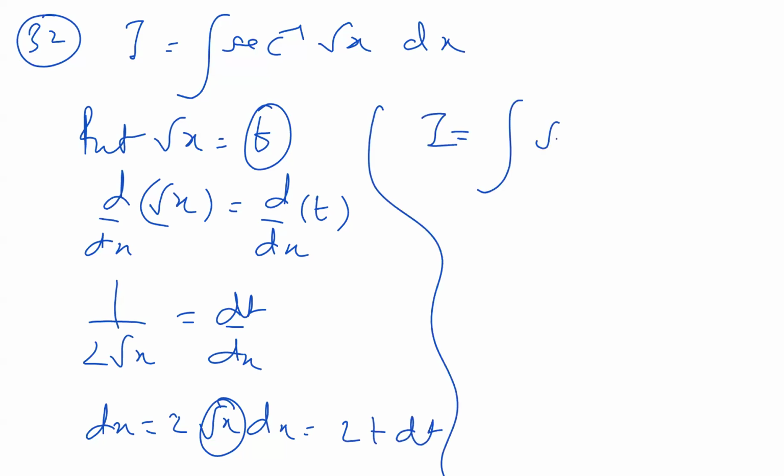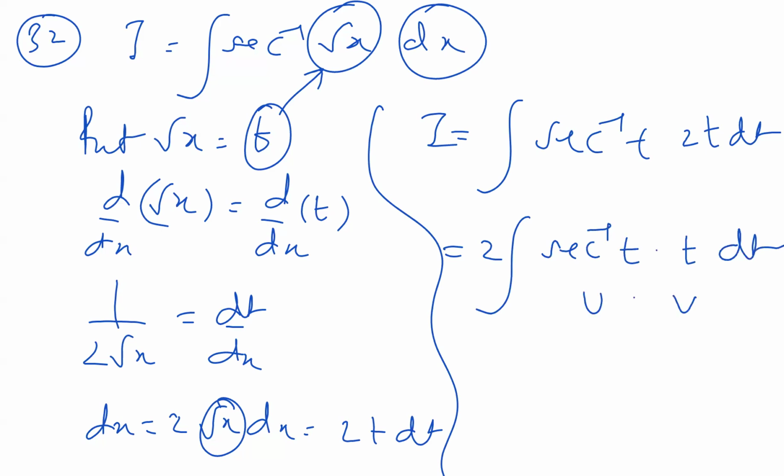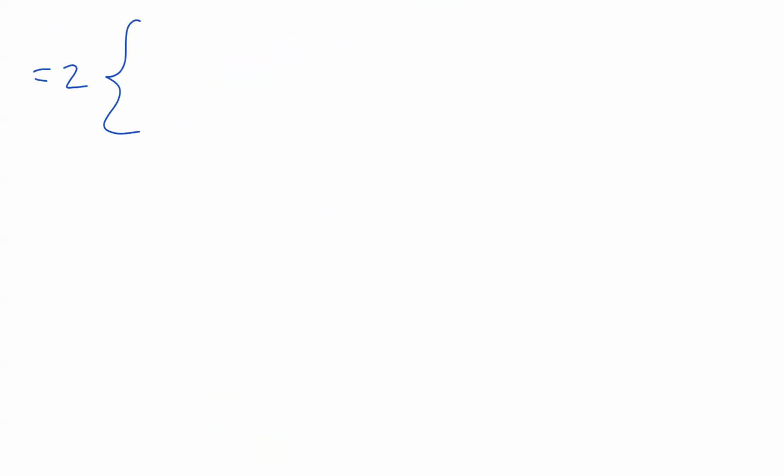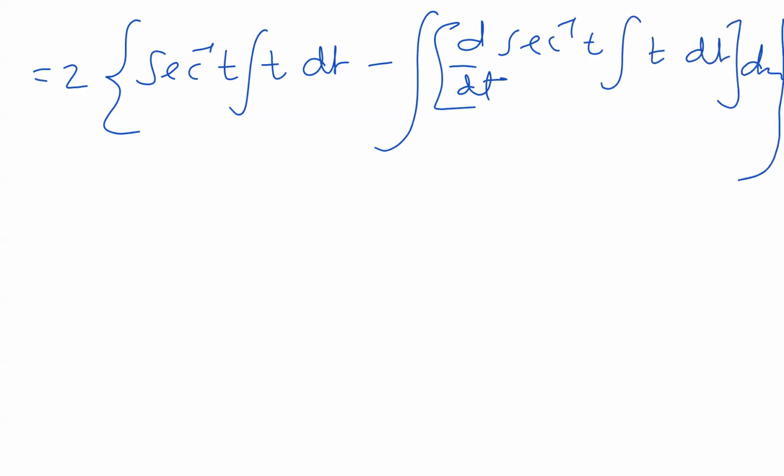So I is integration of sec inverse t and dx is 2t dt. So 2 outside, sec inverse of t into t dt, this is u and this is v. So put this in the formula, 2 sec inverse of t into integration of t dt, minus integration of dy dt of sec inverse t into integration of t dt, bracket close dt.